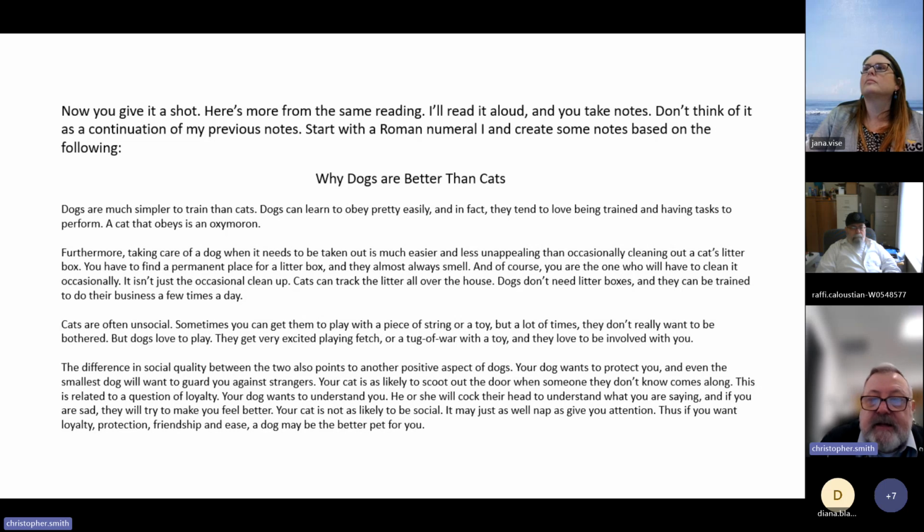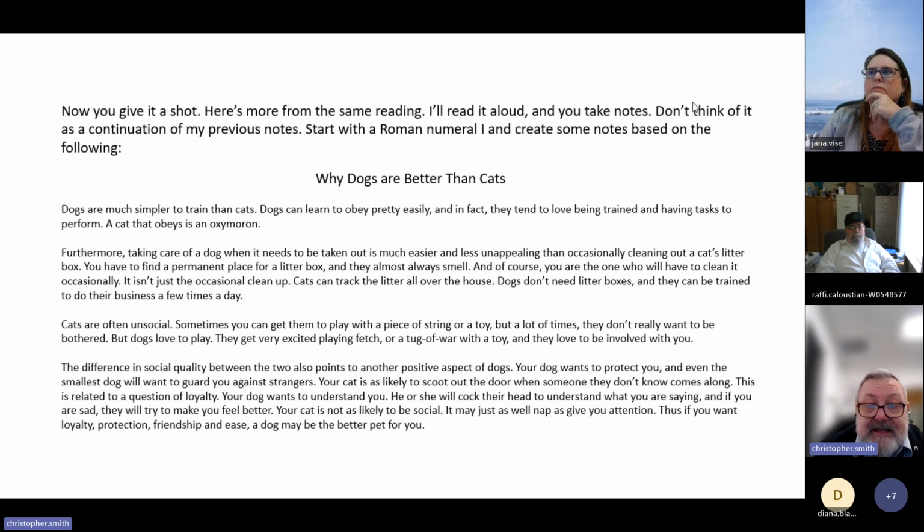Cats are often unsocial. Sometimes you can get them to play with a piece of string or a toy, but a lot of times they don't really want to be bothered. But dogs love to play. They get very excited playing fetch or tug of war with a toy, and they love to be involved with you. The difference in social quality between the two also points to another positive aspect of dogs. Your dog wants to protect you, and even the smallest dog will want to guard you against strangers.